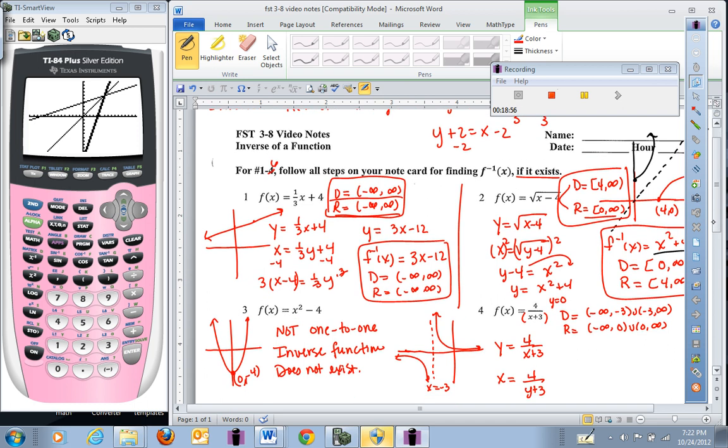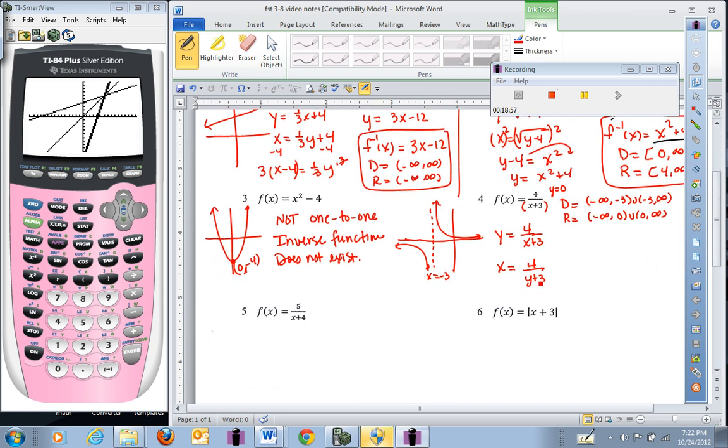Well, something else that I can do in this particular problem when I want to solve for y is I could turn these both into fractions or make it look like a proportion, and then I can invert both of these fractions. So I could say 1 over x equals y plus 3 over 4. Notice how the cross products didn't change. They have the same value when you do the cross product.